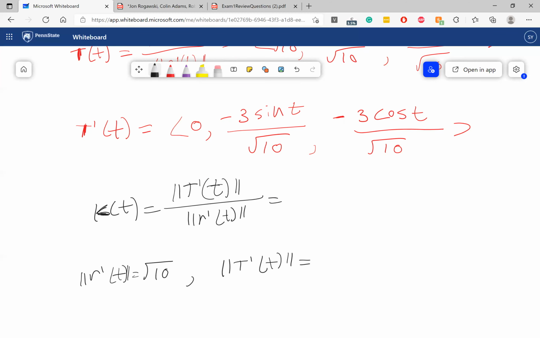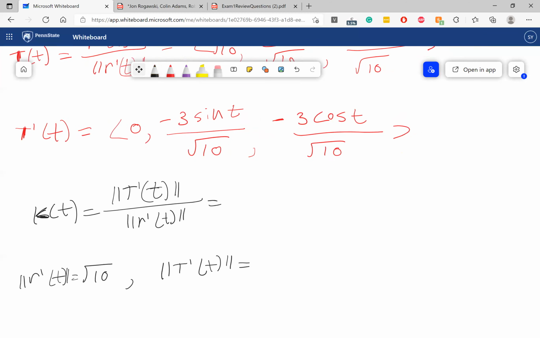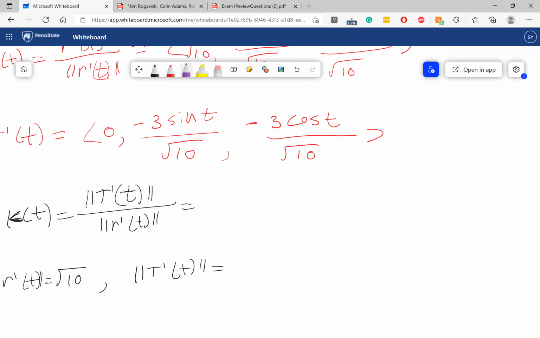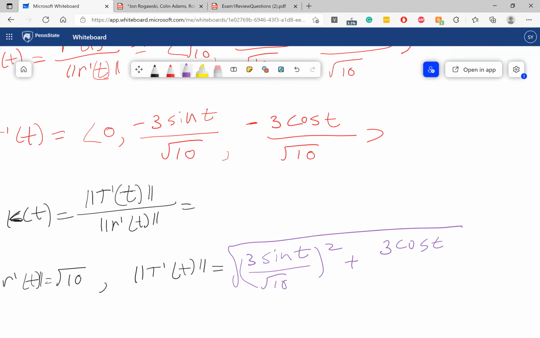So in order to solve this problem, we can just take the square root of 3 sine of t over the square root of 10 squared plus 3 cosine of t over the square root of 10 squared.